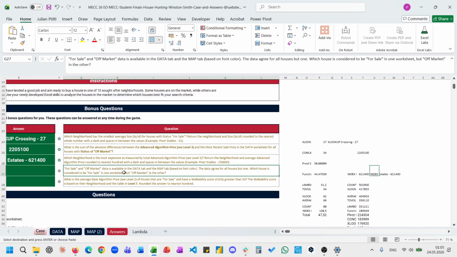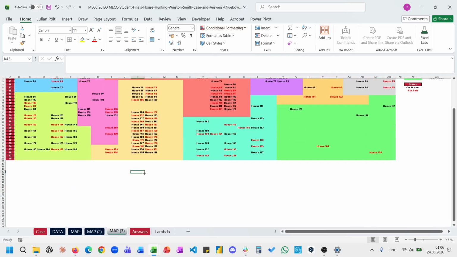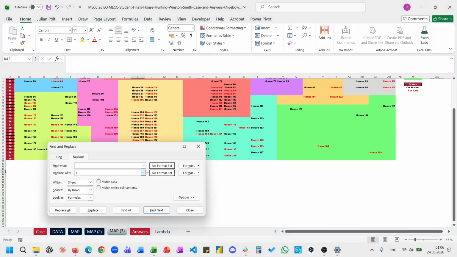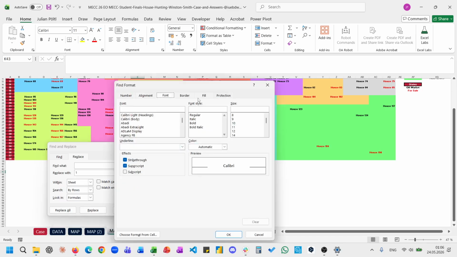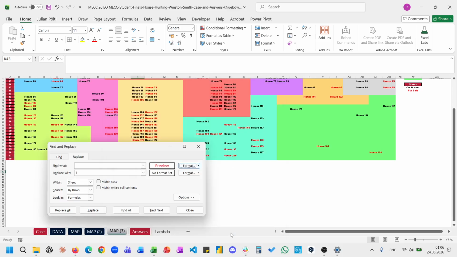The data is given for all houses but one. Which house is considered to be for sale in one worksheet but off-market in the other? It's actually indicated by the font color. I don't have a font color macro yet, but how I did it was Control H and then format, font, color red, and replace by 1.